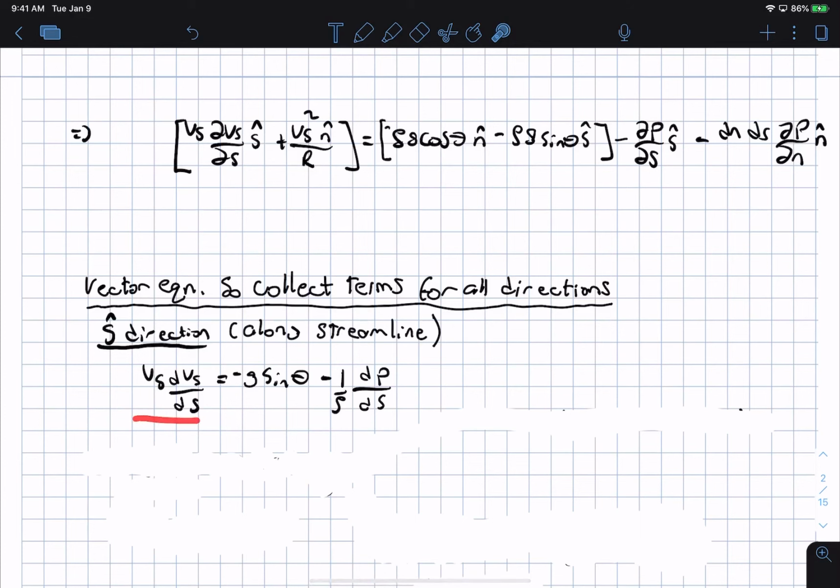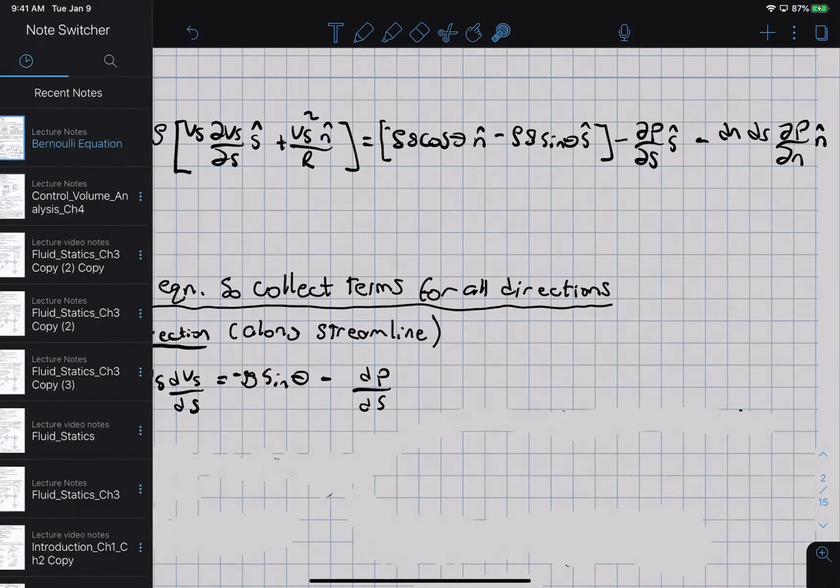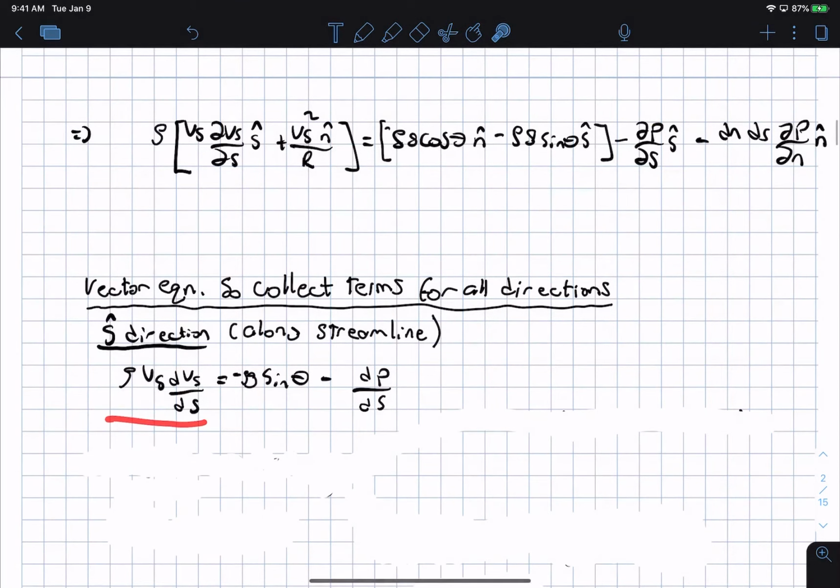So we have v dv ds minus g sine theta. Tell you what, do this. Missed the rho. Okay, so we have rho vs dvs ds minus rho g sine theta minus dp ds.